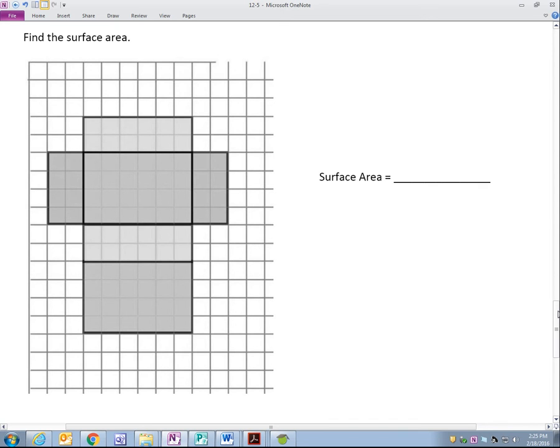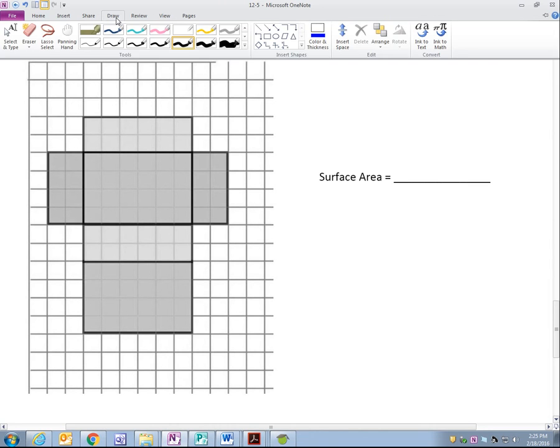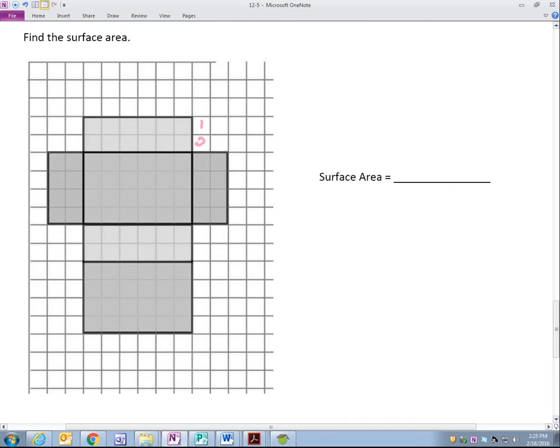I have 2 wide, and 6 wide and 2 high. So I have 6 times 2, which equals 12. Then I also have this one, which is also going to be 12.